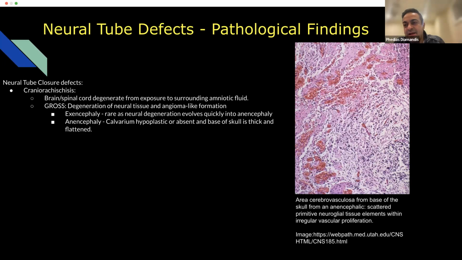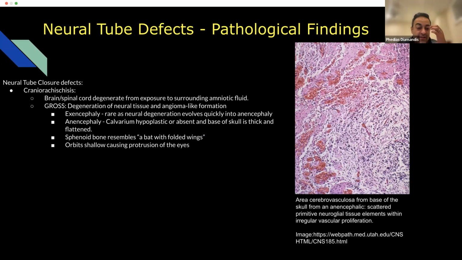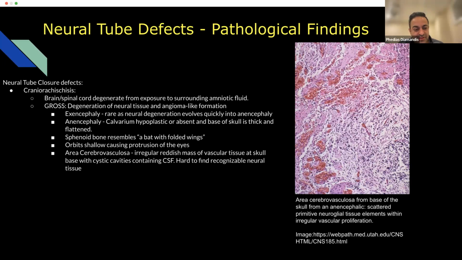So anencephaly is basically where you have a hypoplastic calvarium, or it could be completely absent, and then the skull base is thick and flattened. You have sphenoid bones, which are thought to look like a bat with folded wings, and then you have shallow orbits causing protrusion of the eyes.